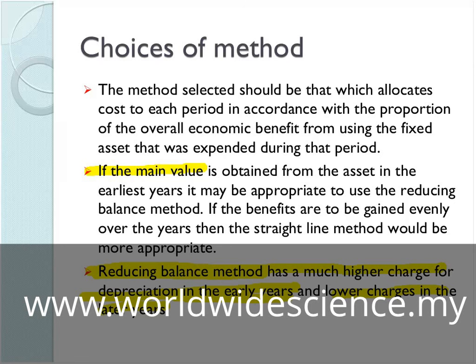Their charge would be higher in the later years, and then they can pay very little tax, because the profit would be deducted based on that depreciation. So, do you understand the choices of method? Which method is better for the businesses, and in which kind of terms?